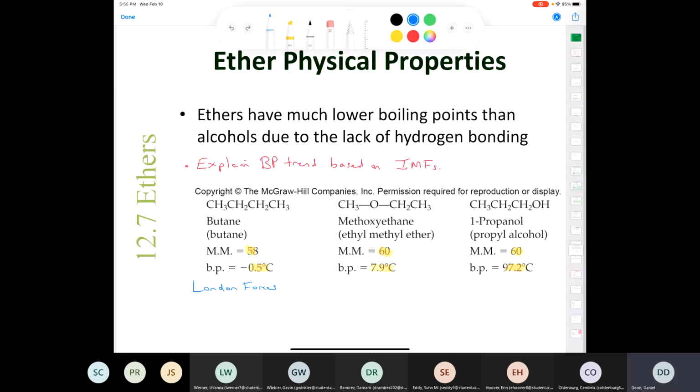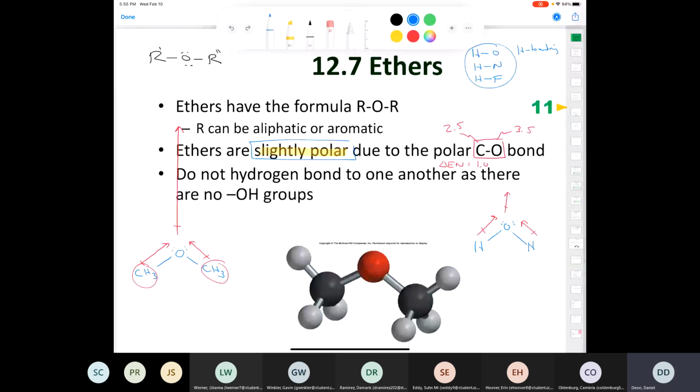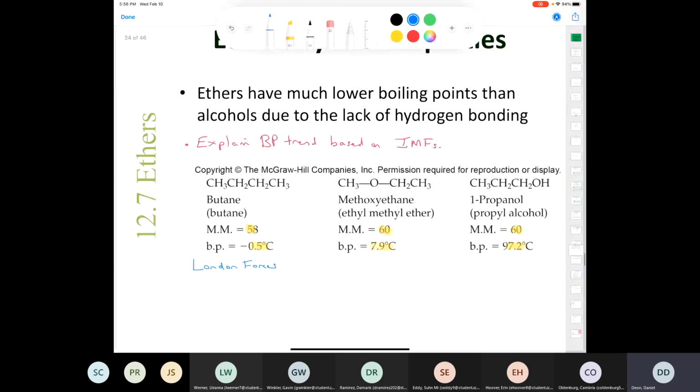Whereas when I have an ether, I have that carbon-oxygen-carbon bond, and we went over this in the last slide, and we said that ethers are slightly polar. Well, if they're slightly polar, that means they have a dipole. So what would be the major intermolecular forces that an ether would experience, like ethyl-methyl ether?